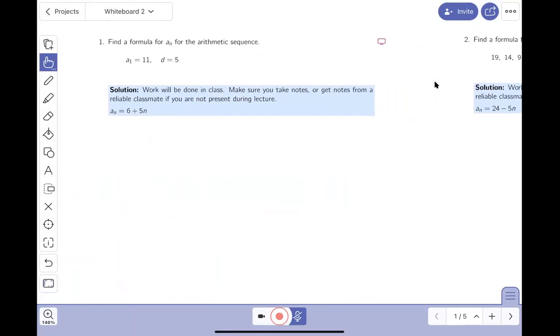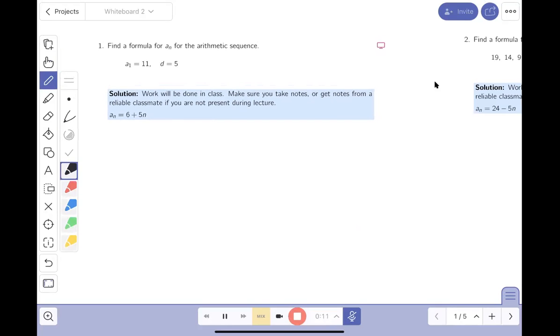Number 1 says find a formula for the nth term of the arithmetic sequence, and they give me A1. Well, the formula's done for you. For an arithmetic sequence, AN equals A1 plus N minus 1 times D. So AN equals A1, which is 11, that's a given, plus N minus 1 times D, and D has been given as 5.